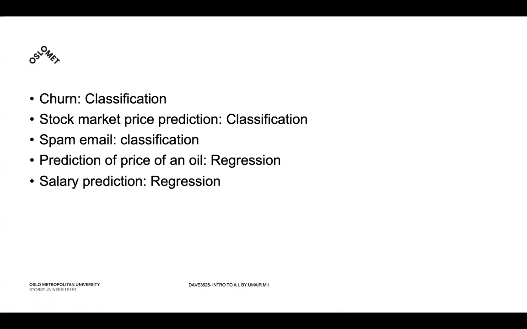If you want to predict age, how about the two of you who are sitting closest to me? Would that be classification or regression? Well, it kind of depends, right?